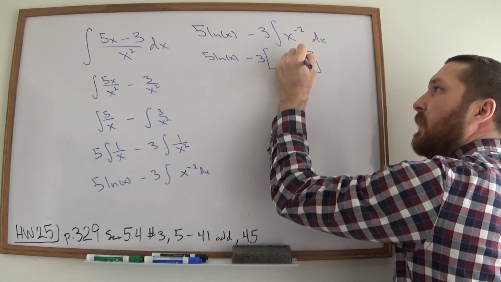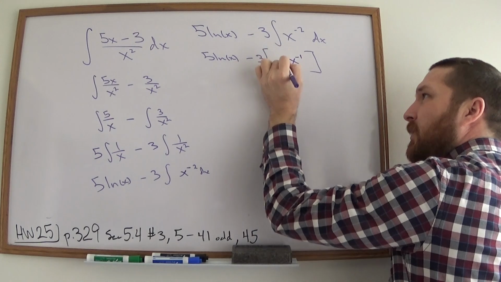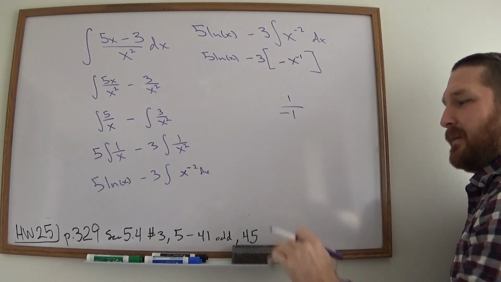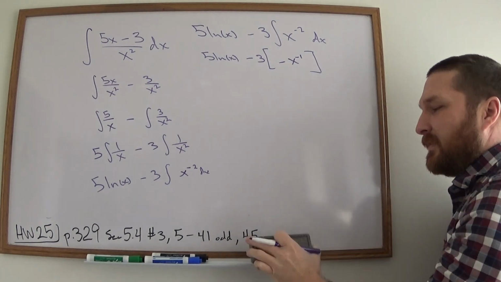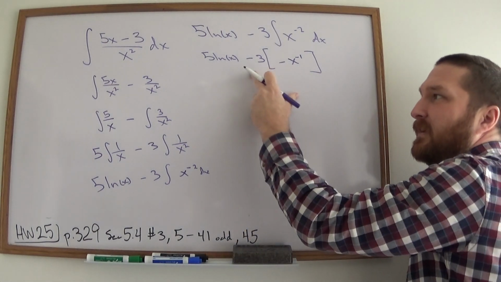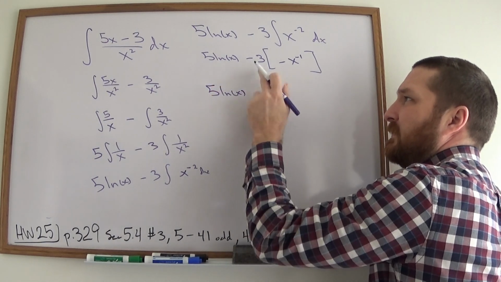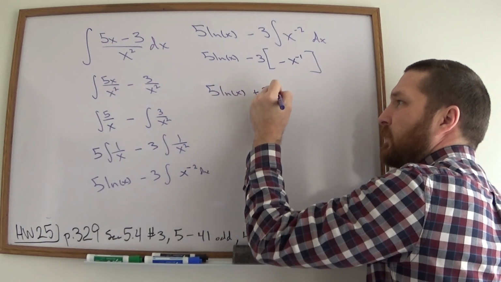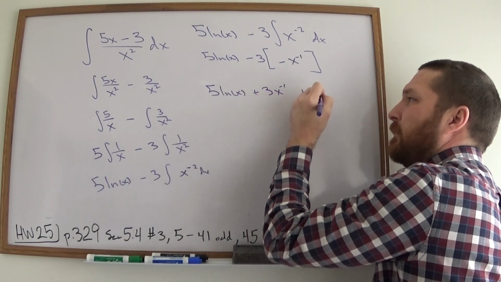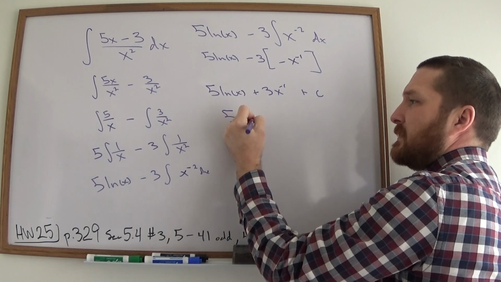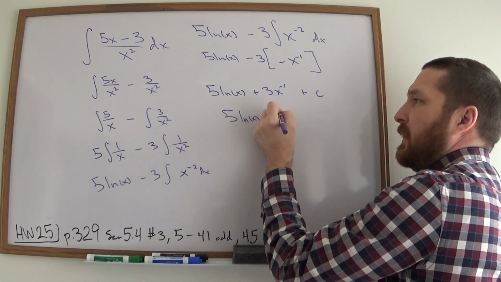Negative 1, so it's negative 1 times x, and then it would be 1 over negative 1, or I could just write that as negative. And this is why that parenthesis is your best friend, because negative negative is plus. 5 log x plus 3 x to the negative 1 plus constant, which we could rewrite as this, if you like.